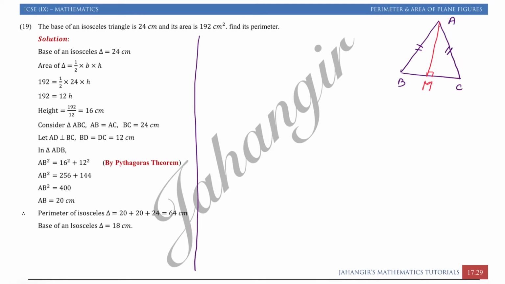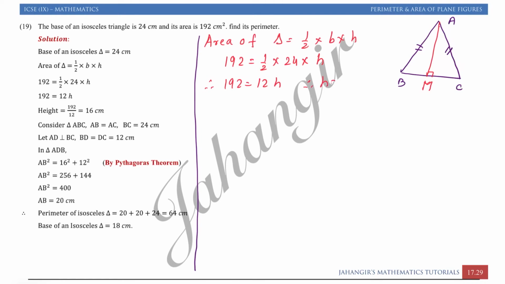The base is given, area is given, so we can use area of triangle is equal to half into base into height. So area of triangle is 192, that is equal to half into base. Base is BC, that is 24, into height H. So therefore 192 is equal to 12H.